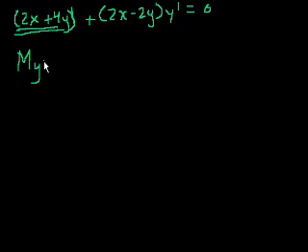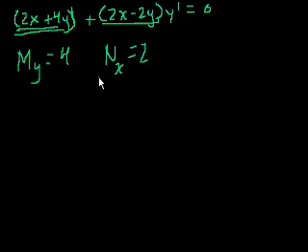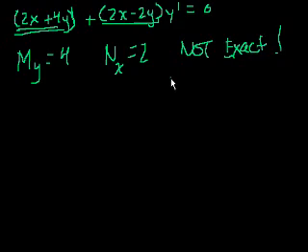So the partial of m with respect to y, this is 0, so it's equal to 4. What's the partial of this with respect to x? Just this part right here. The partial of n with respect to x is 2. This is 0. So the partial of m with respect to y is different than the partial of n with respect to x. So this is not exact. So we can't solve this using our exact methodology.